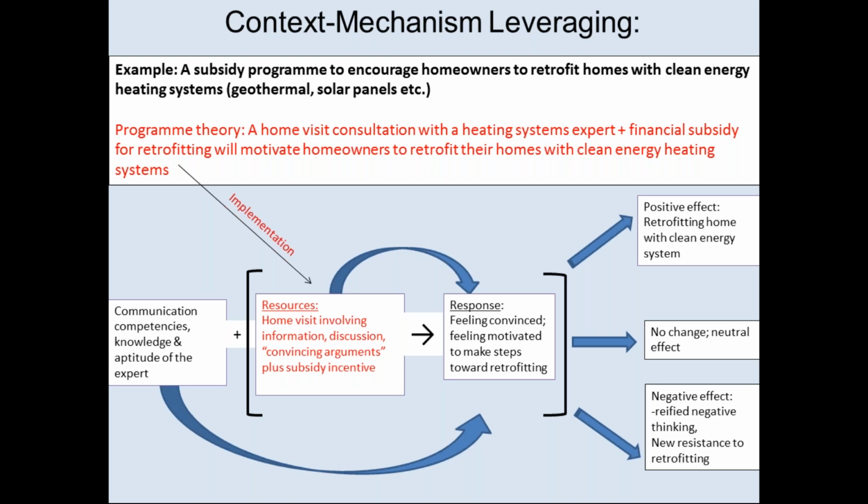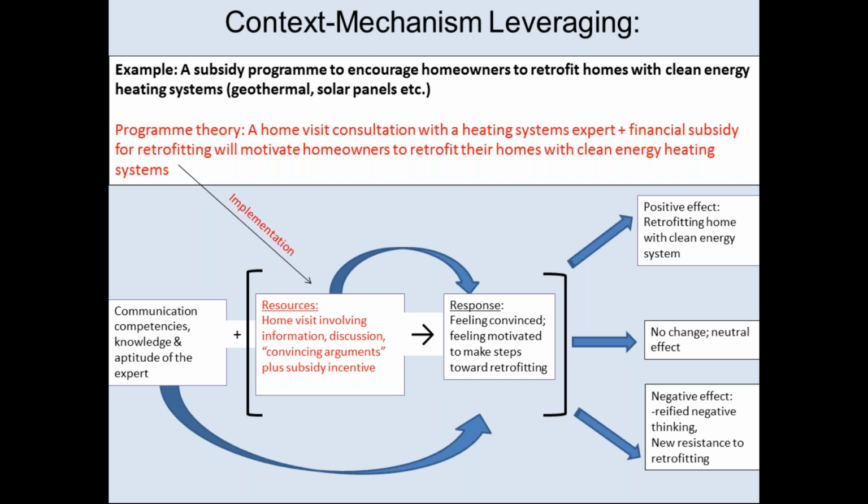And if you don't have that as a pre-existing condition, pre-existing attribute, maybe the whole intervention might take a different turn. And this is not something that's formally part of the intervention. But by doing a study where you realize that that's important, what you might do is innovate the program so that you incorporate a training manual for how to communicate with your client around issues around clean energy technology.